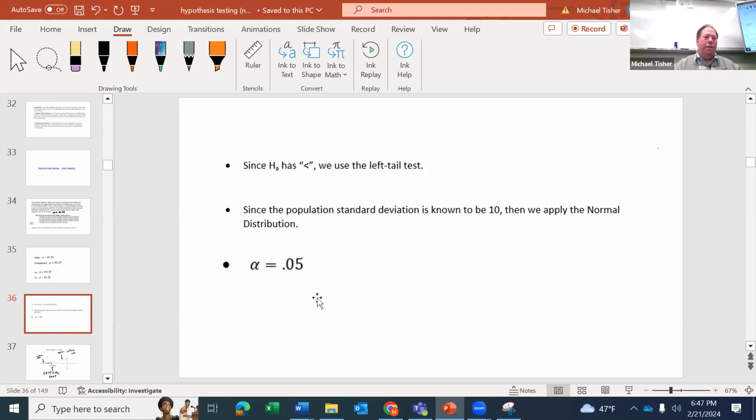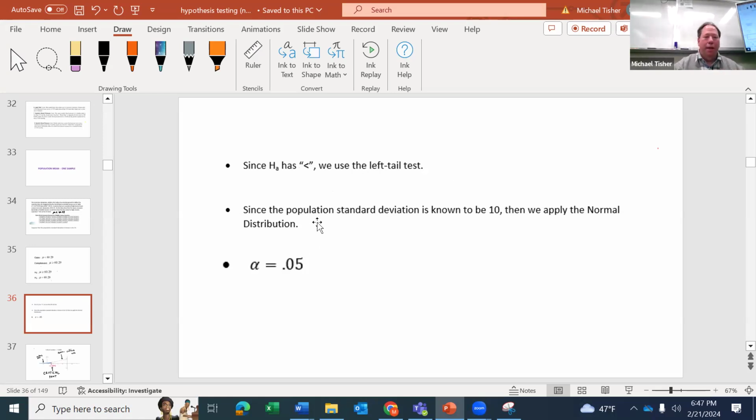It always depends on the HA. The HA has a less than in it, so less than means use a left tail test. We're also given the population standard deviation, which is 10, and so we apply the normal distribution.